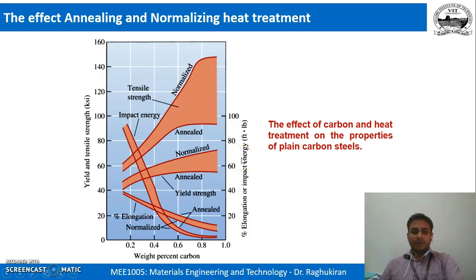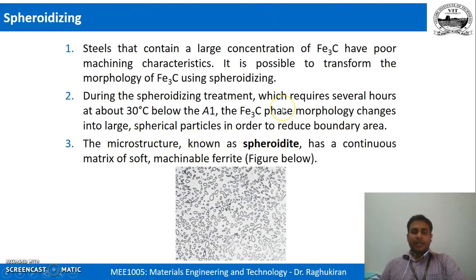Right? So next, as I said, another heat treatment process which is very important for carbon steels is called spheroidizing. In spheroidizing, what we do, as you all know, in steels you have something called cementite, and this cementite is nothing but carbide, right?